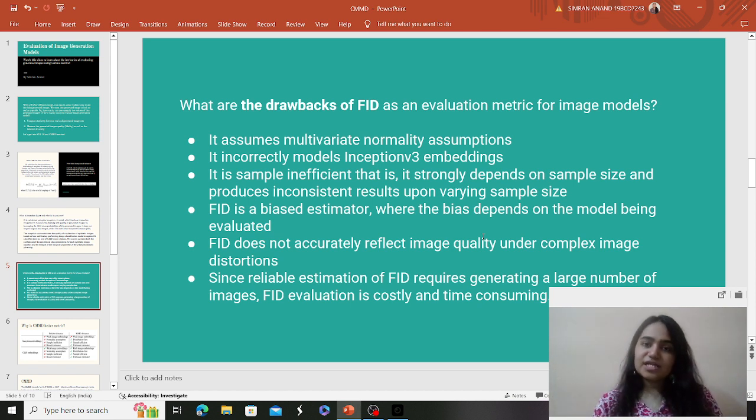If there is more noise, the quality of the image is decreasing, meaning the model's performance is decreasing, and FID should be higher, because the higher the FID, the lower the model quality and performance. So when you are adding more distortions, ideally FID should go up in the graph. The FID value should be higher, but FID is not increasing. In most cases, FID does not accurately reflect this. Even if you are adding a lot of noise and distortions into your image data, FID is not increasing as such.